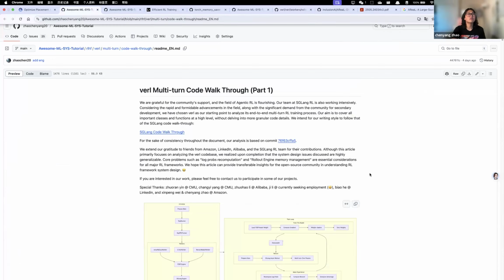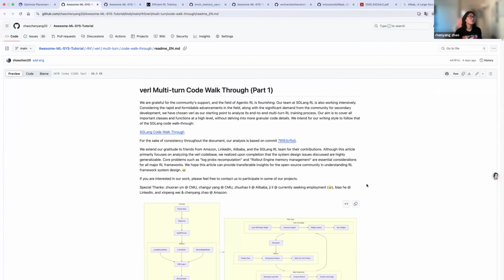Okay, thanks. I have spent 40 minutes on today's talk regarding our several optimizations, so let's recap. The first part is the placement problem. We discussed colocation and disaggregation. We stressed that maybe colocation isn't that good, or disaggregation may not be that bad. The second part is asynchronous RL, specifically used in the disaggregated setup.